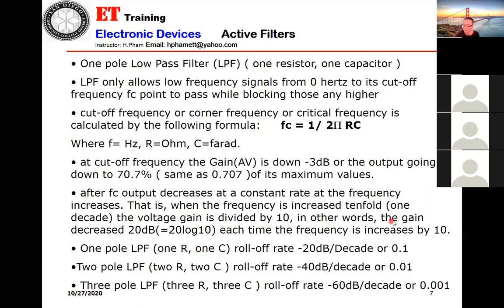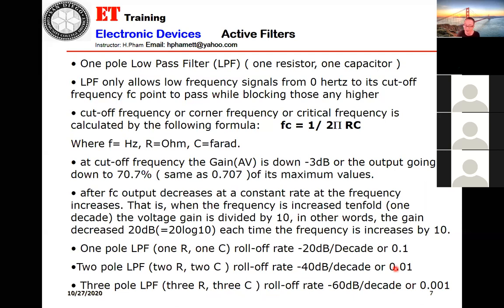In other words, the gain decreases 20 dB, equal to 20 log 10, each time the frequency increases by 10. 1 pole LPF, 1R, 1C, roll off rate will be minus 20 dB per decade. 2 pole, 2R, 2C, roll off rate minus 40 dB per decade. 3 pole, 3R, 3C, roll off rate will be minus 60 dB per decade.